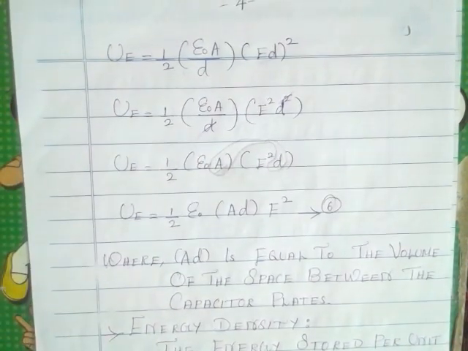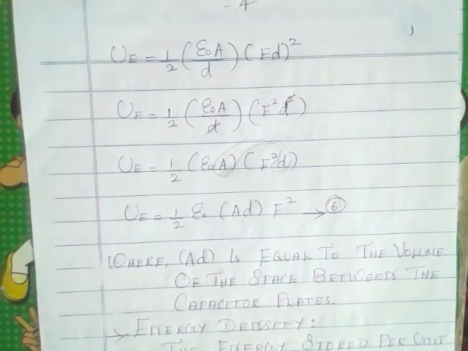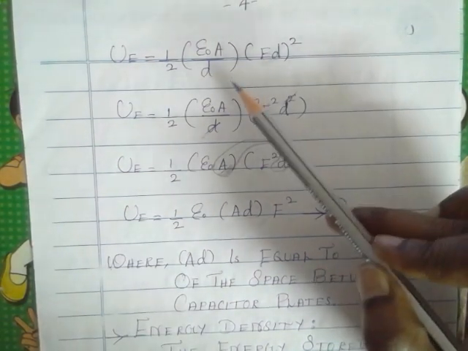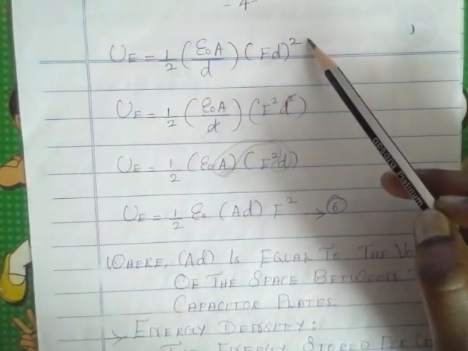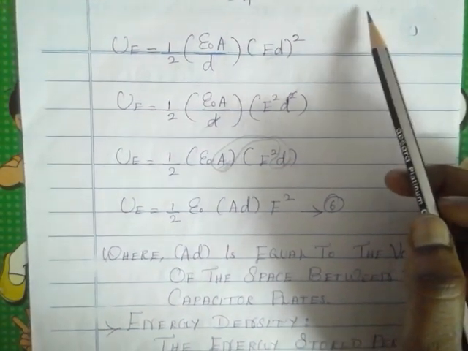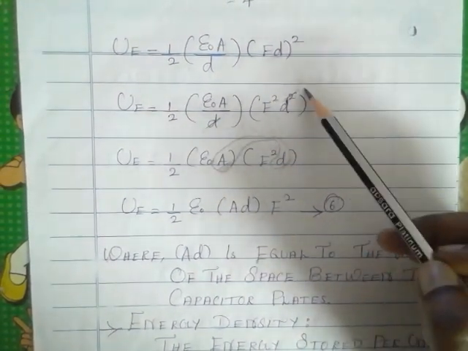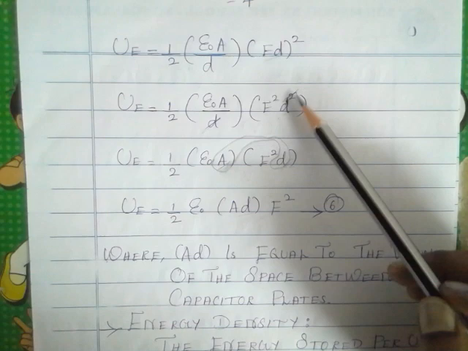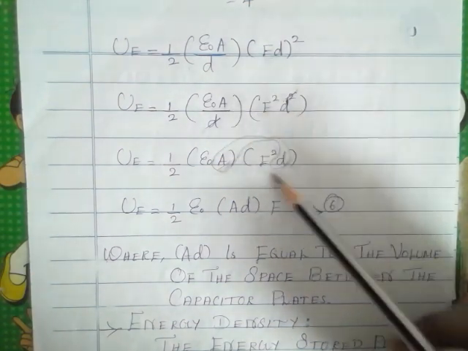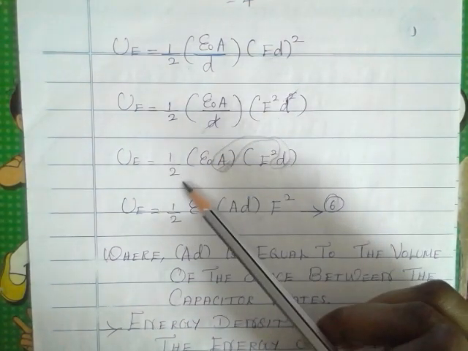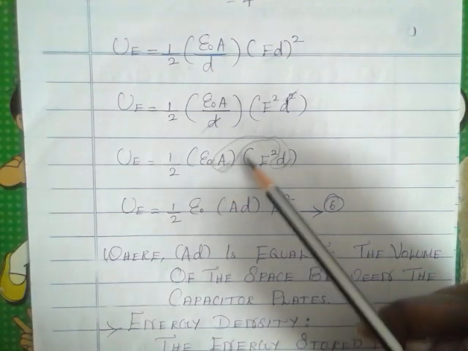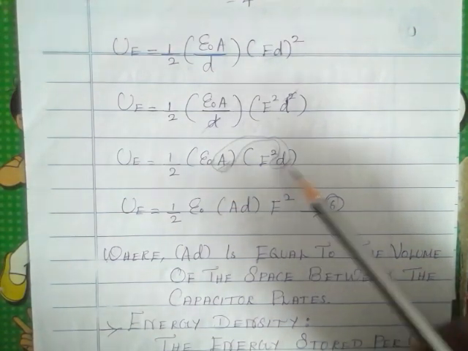Then our energy expression is rewritten as U is equal to 1 by 2 epsilon naught A by D into ED the whole square. Then this whole square comes inside, E square D square. From this, one D cancelled. Then U is equal to 1 by 2 into epsilon naught A into E square into D.